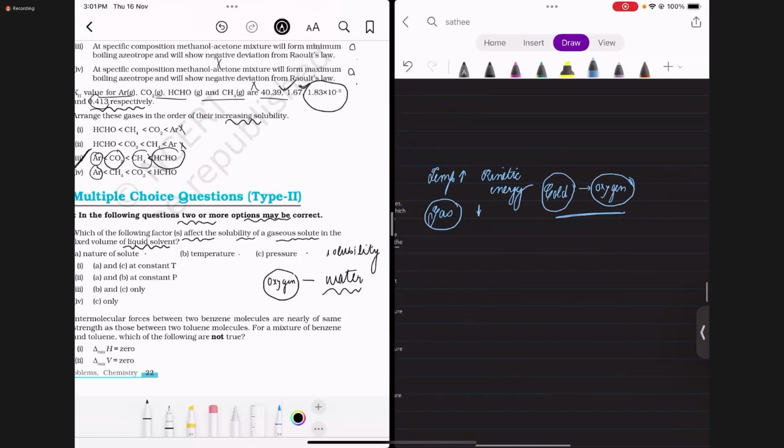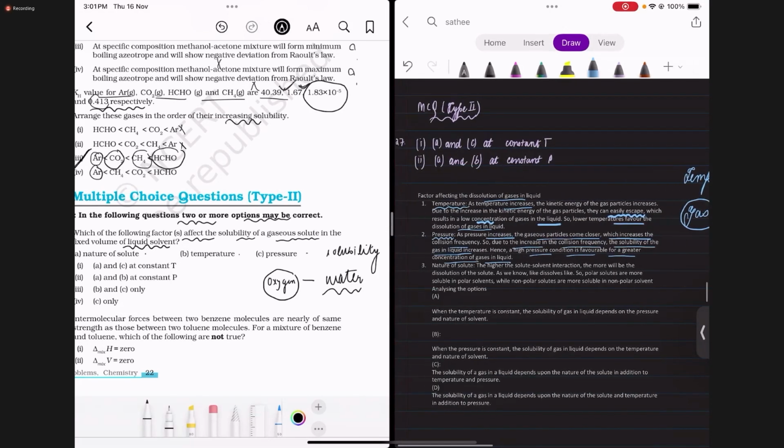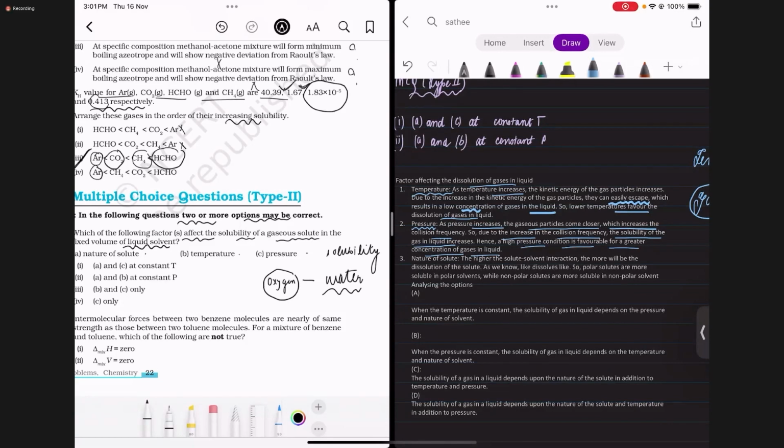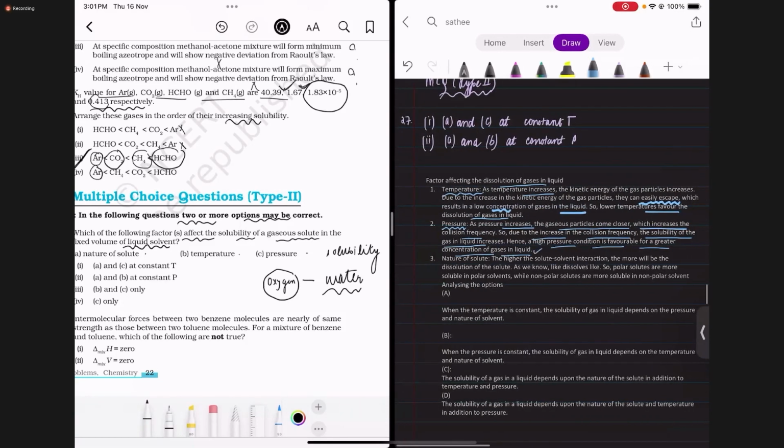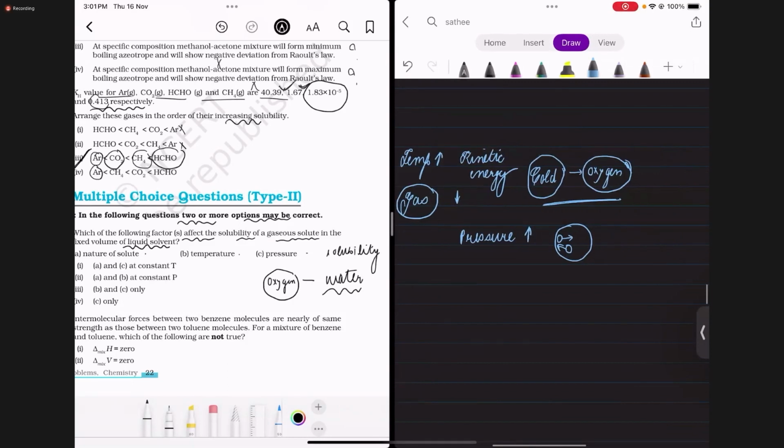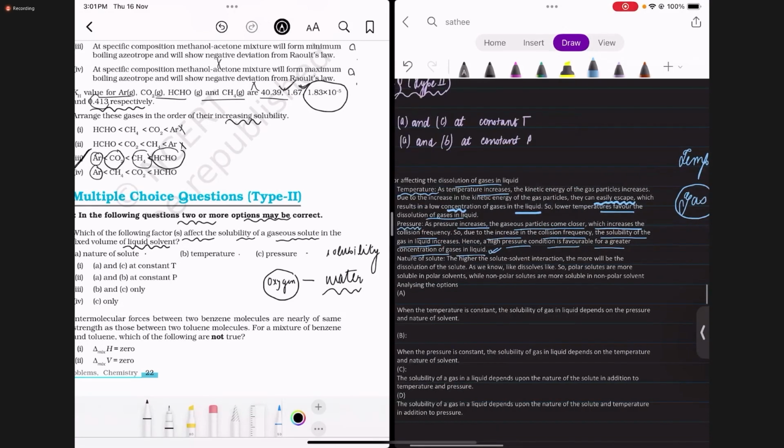Likewise, when pressure increases, the gases get compressed, and because of that the molecules of gas will collide more frequently, and because of more collisions it will favor the greater concentration of gases in liquid. The greater the collision frequency, the more the gas molecules interact with the liquid molecules, and it will favor the dissolution of the gas in the liquid. So increase in pressure will also increase the dissolution of gases in liquid.